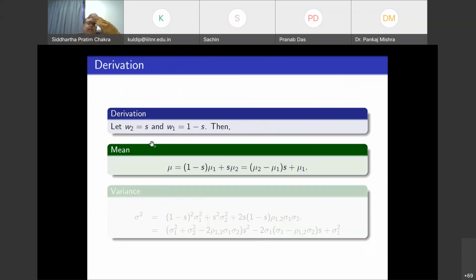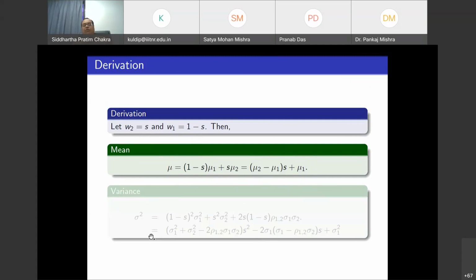So accordingly, I write W2 is equal to S, so then W1 is going to be 1 minus S because the sum of them has to be equal to 1. So then what is going to be mu? Mu is going to be W1 mu1, which is 1 minus S times mu1, plus W2 mu2, that is plus S times mu2, which can be written in this particular form.